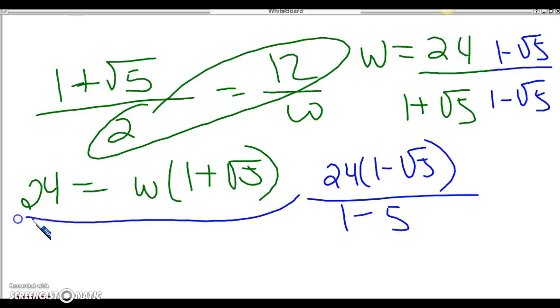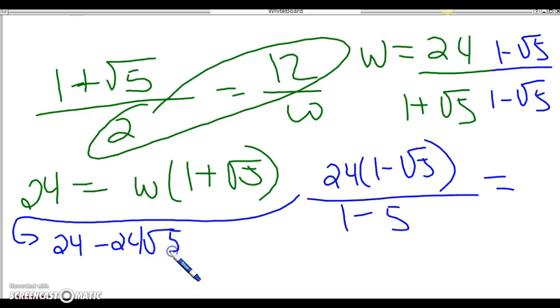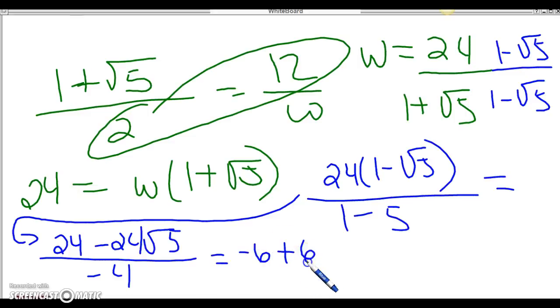I get 24 minus 24 root 5 over negative 4. I can reduce that. So I get negative 6 plus 6 root 5. And so that's simplified radical form.